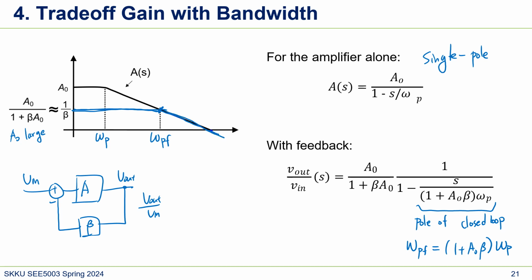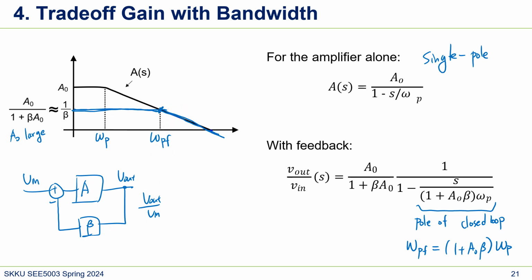So the interesting point is that the gain decreased, right? In an open loop, the gain was A0, but if you use feedback, the gain decreases to 1 over beta, right? But its pole is increased. So this means that with our feedback loop, the system can operate at larger bandwidth.